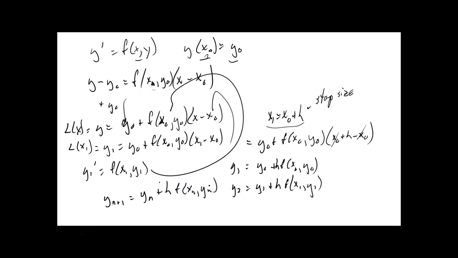Okay. That's your recursive relationship, and you just step as you go. And let n go 1, 2, n is just a counter, 1, 2, 3, 4, 5. So that's Euler's method.